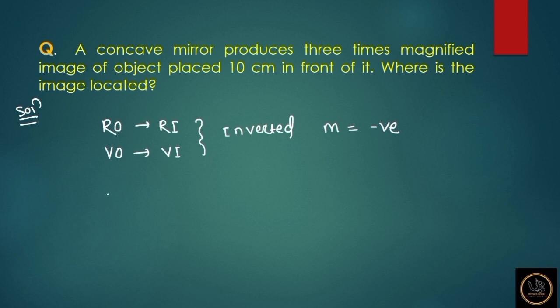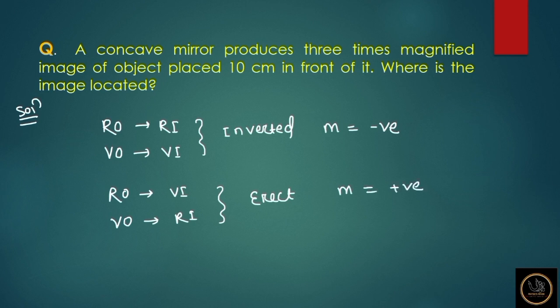Then alternative case, when the object is real and the image formed is virtual, and when the object is virtual and the image formed is real, in this case the image formed is erect. If the image is erect, then the value of magnification is positive. Just remember this thing. Simply you can remember, if inverted image is there, M will be negative, and if erect image is there, then M will be positive.